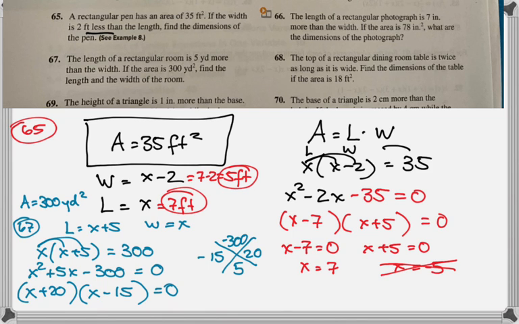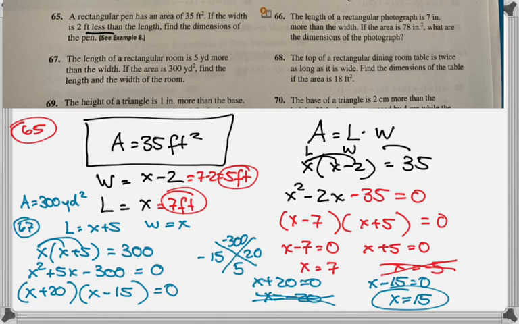So set both factors equal to 0. X plus 20 equals 0, x equals negative 20. That cannot be an answer because it's negative. That means x minus 15 equals 0 and x equals 15 can only be the answer. Why? Because we're talking about a rectangular room.